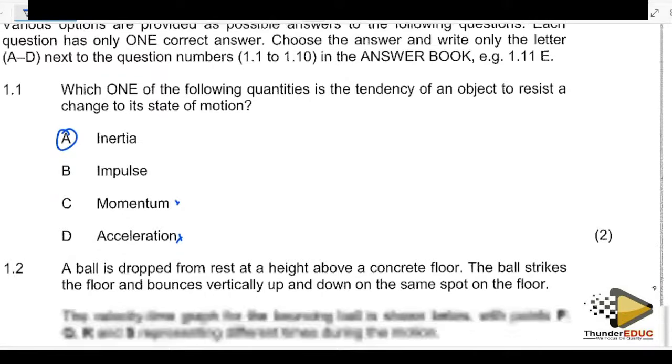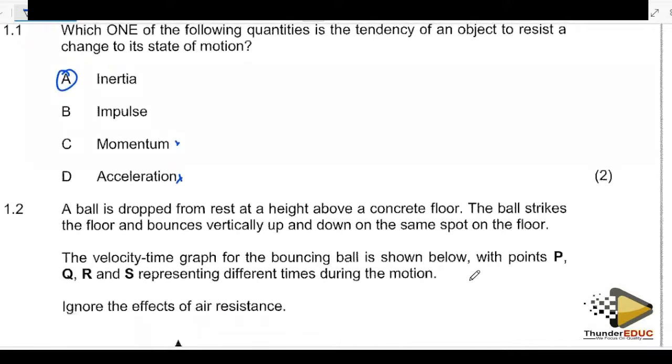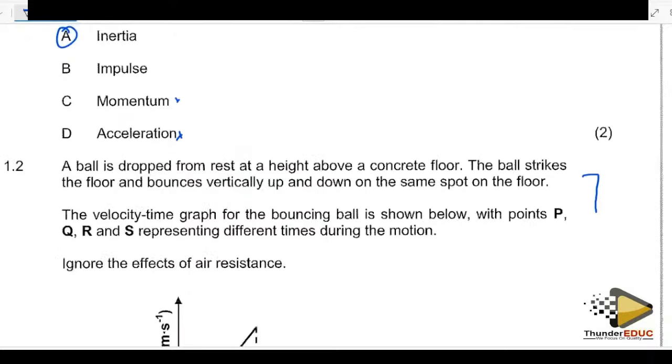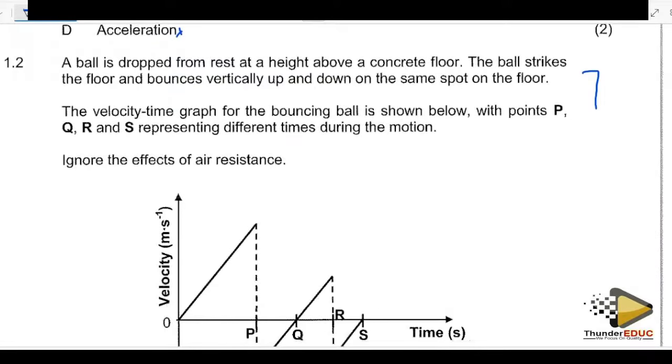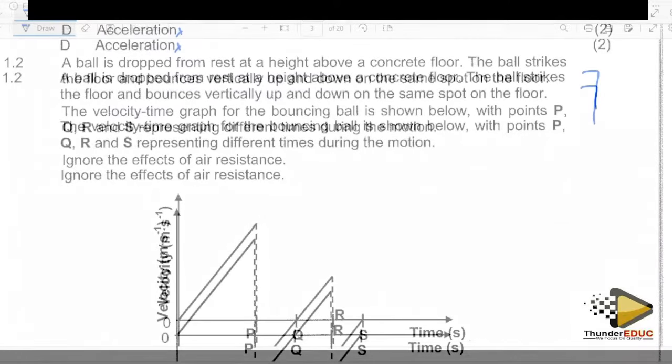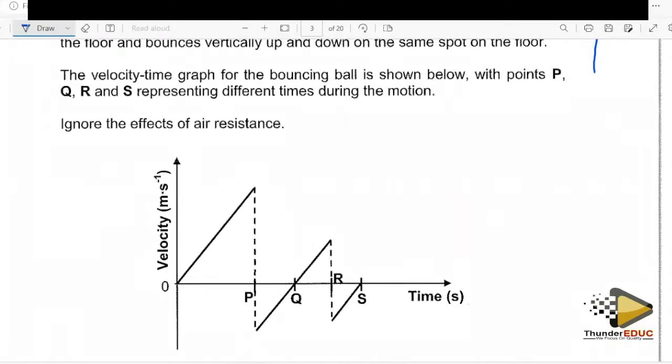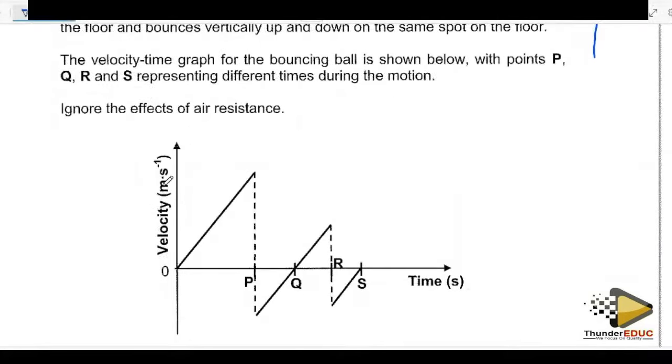Then 1.2, we have a ball that is dropped from rest at a height above the concrete floor. They're telling us that this ball strikes the floor and bounces vertically up and down on the same spot on the floor. So the velocity-time graph is being drawn for us for the bouncing ball, with the points P, Q, R, S representing the different times during the motion. So this point here will represent the time when the ball was just at that height.